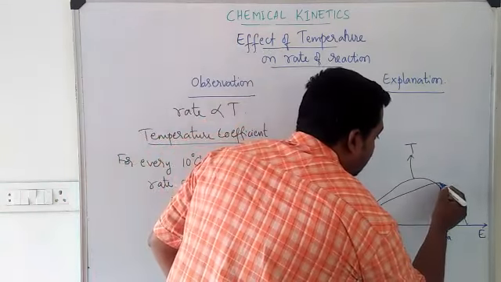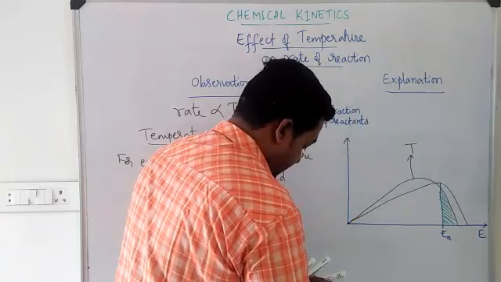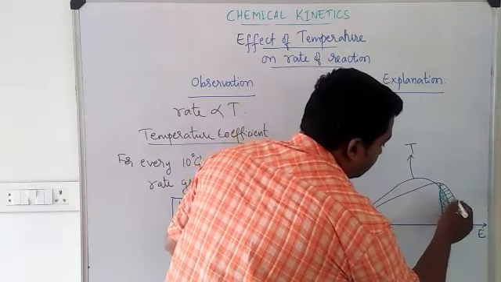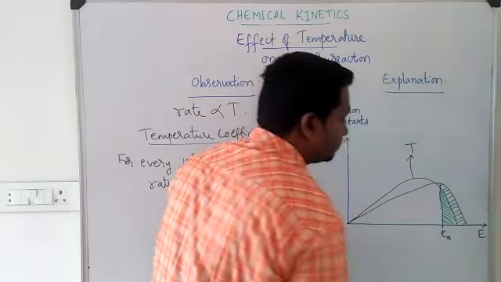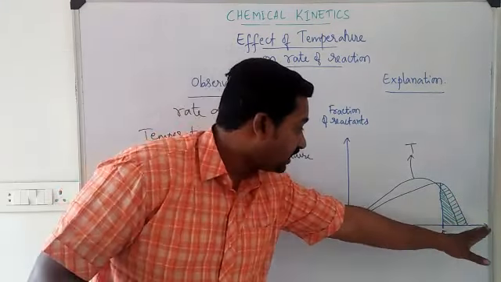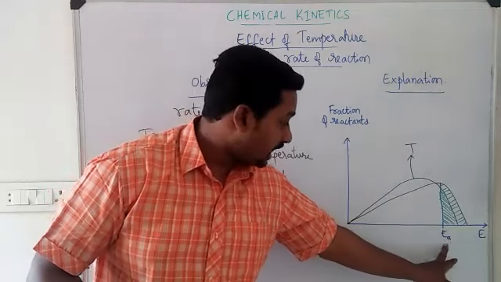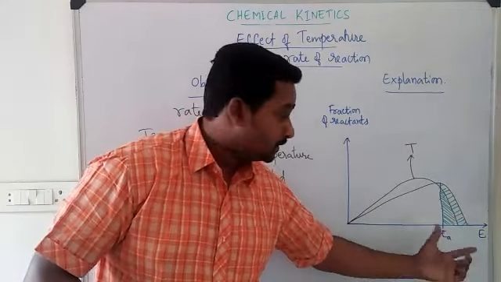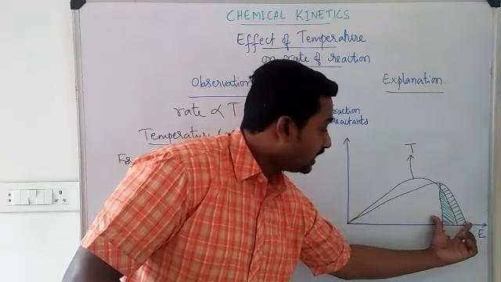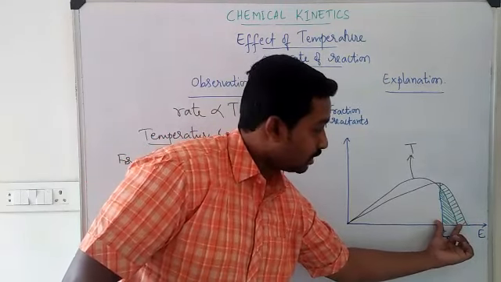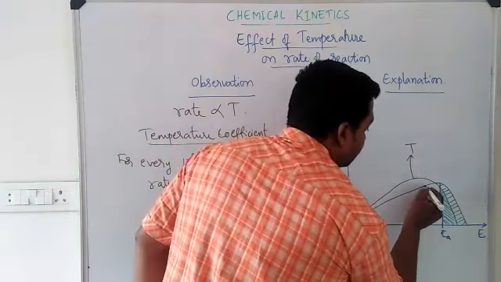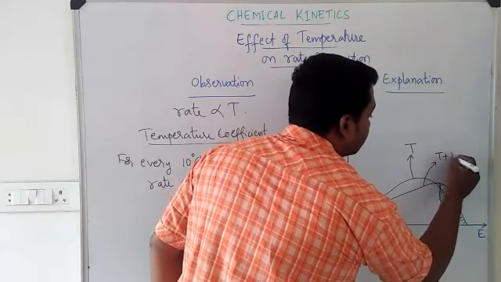So the area after this line will now represent the molecules forming product. There is an increase in the area after the activation energy line. So this many molecules now start forming product. Earlier that area was very small. Now that has increased, and it has happened when the temperature is raised by 10 degrees, T plus 10 degrees.